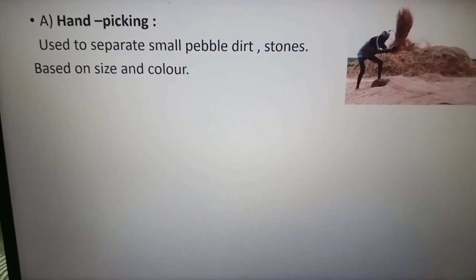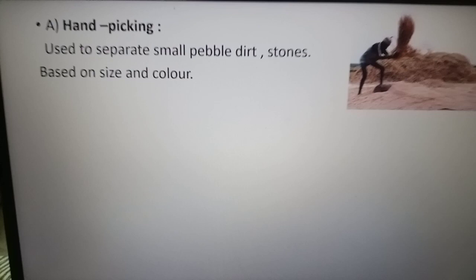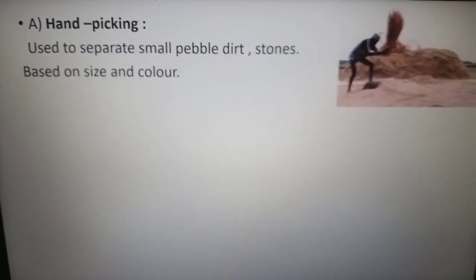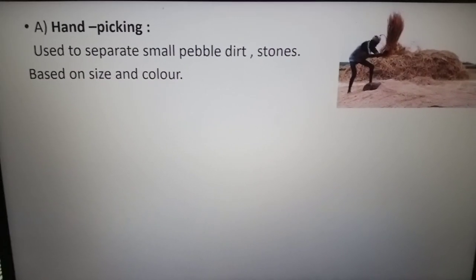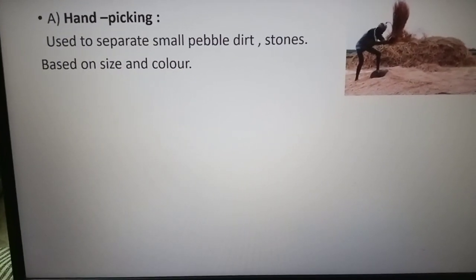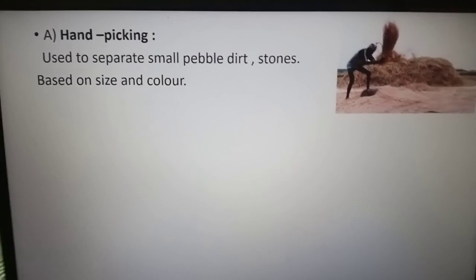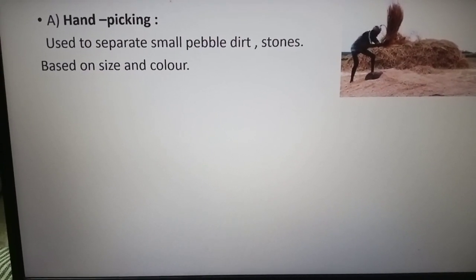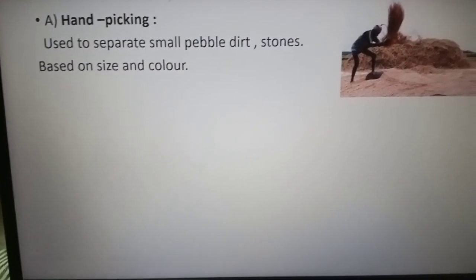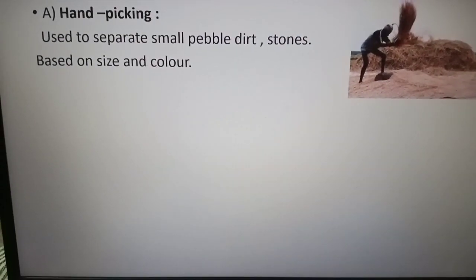You take the stones and throw them away, or you take the dirt or pebbles and throw them away, because you can easily see them. Rice is white in color, stones might be brown or black. Usually you can identify them by their size and color. So this is called hand picking. It is based on the fact that you can identify them easily by seeing their size and color.